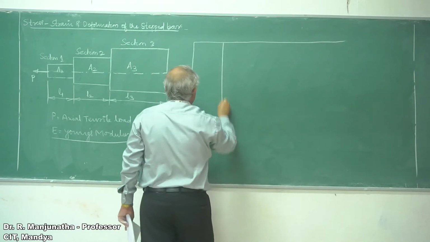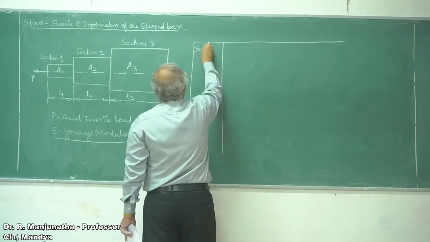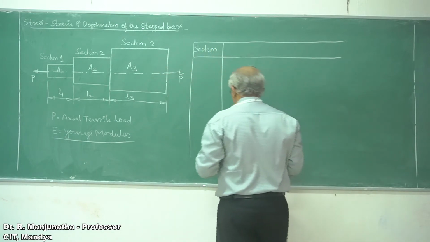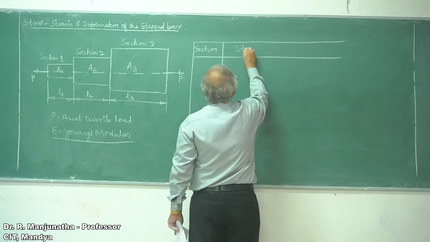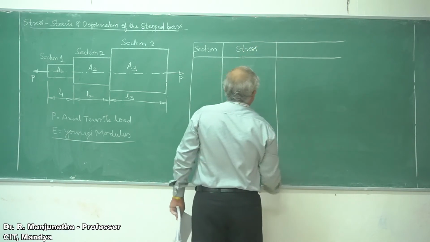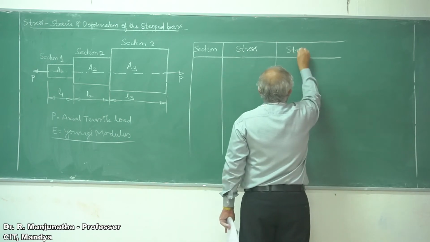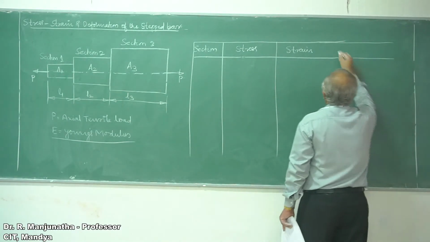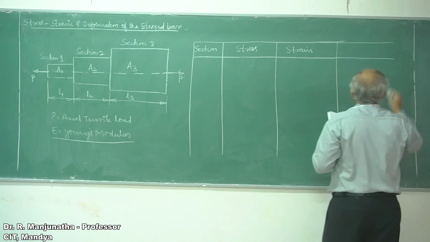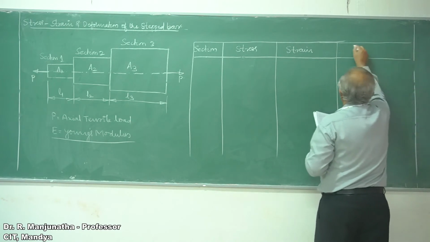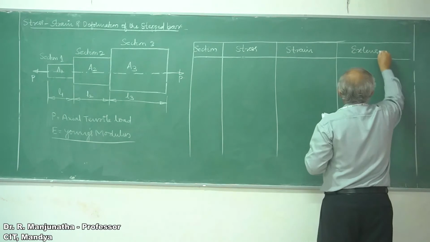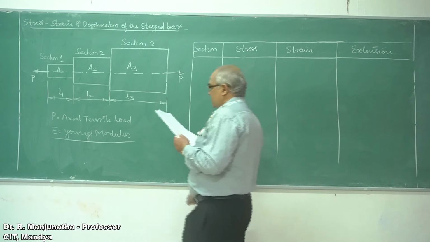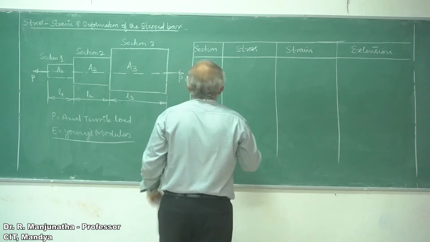For section 1, we need to find out the stress, then the strain, then the Young's modulus, and then the elongation or the extension. Now we will consider this for the first section.